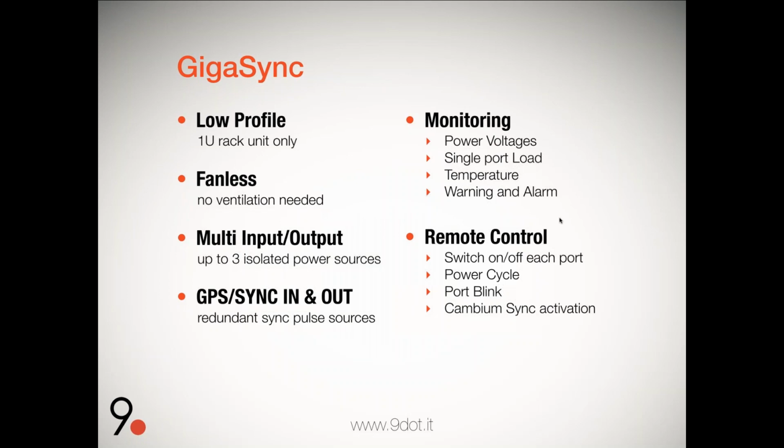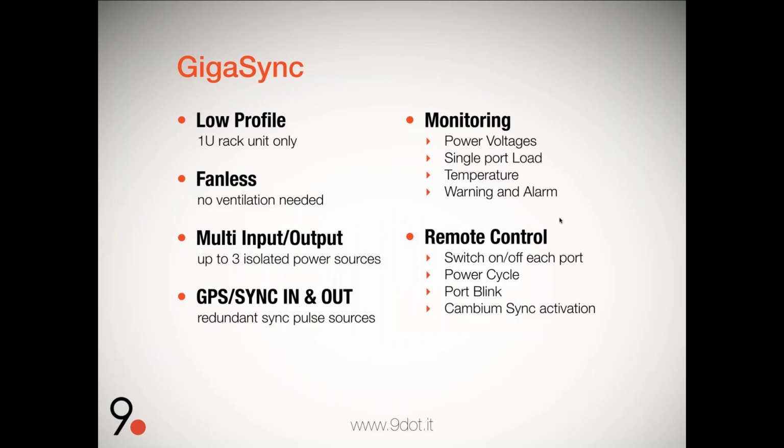What you can monitor through the GigaSync: the power voltages, every kind of power voltage, every single port load, which is the consumption of the units connected to the GigaSync, the temperature of each cartridge and the base unit, and warnings and alarms in real time.